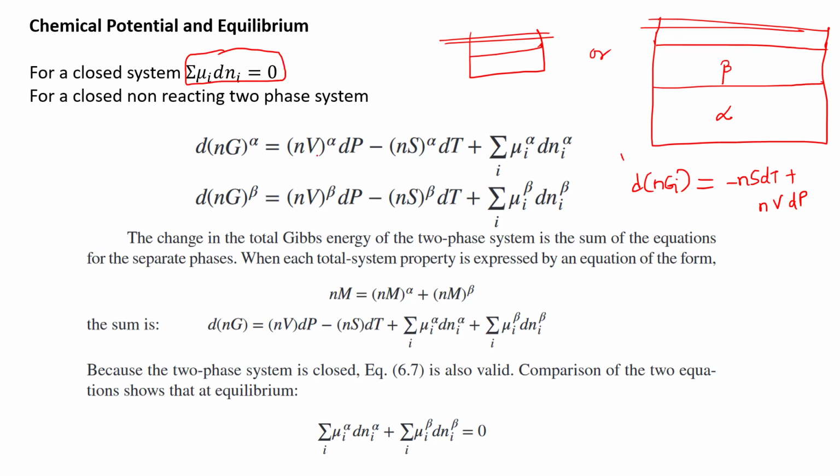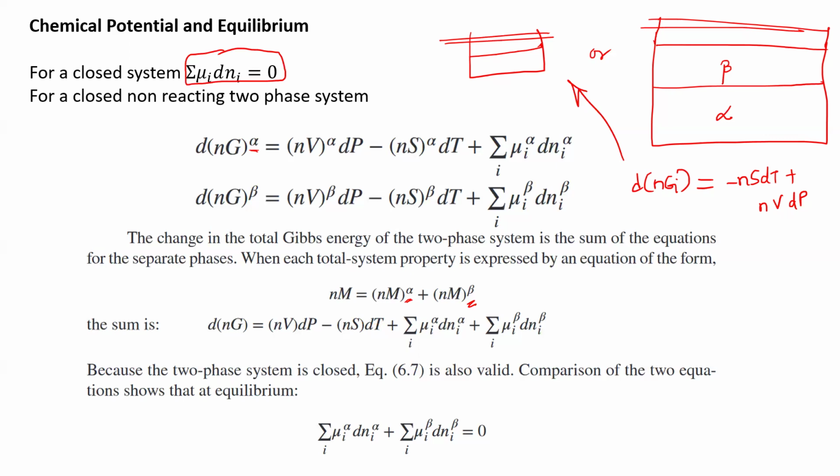And when we come to individual phases, the same relation can be expressed as dNG for alpha phase, and also for beta phase. So now for the whole system, it can be expressed as summation of these, right? Because these are extensive properties which are based on the mass of the system.